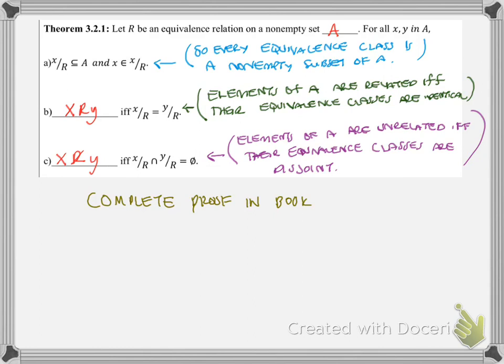So let's look at theorem 3.21. Again, you can pause the video and write this down. Let R be an equivalence relation on a non-empty set A, for all x, y in A. Then the first statement is x mod R is a subset of A and x belongs to x mod R. We haven't even talked about the proof, but that seems straightforward, because an equivalence relation is reflexive, and so x will always relate to itself.